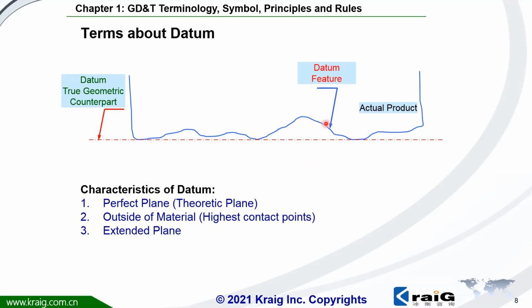It's not perfect. The datum we want is the highest contact surface of this datum feature. We call this the true geometric counterpart. And it's supposed to be perfect.